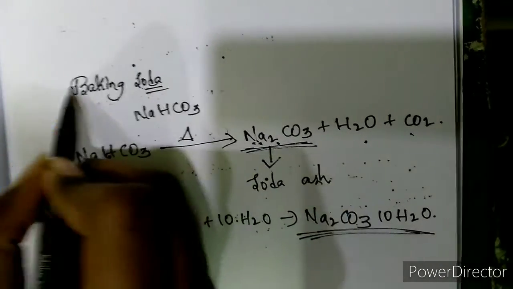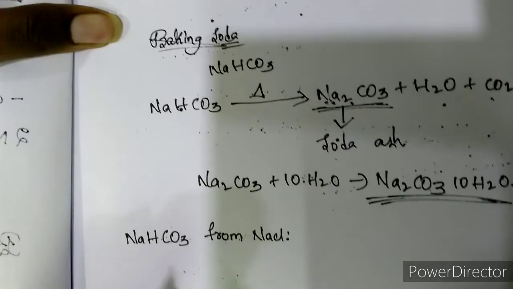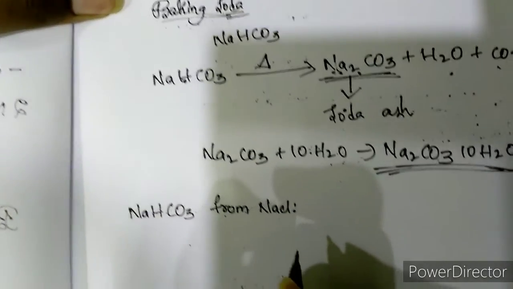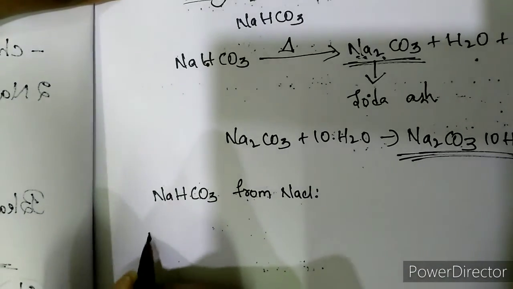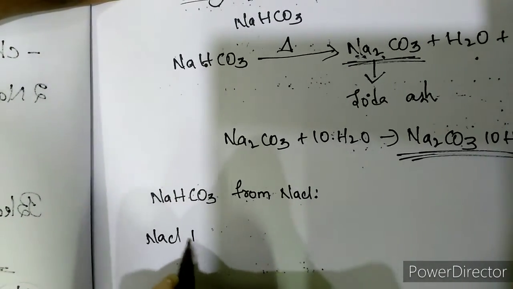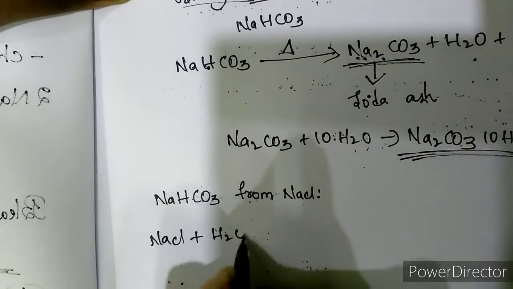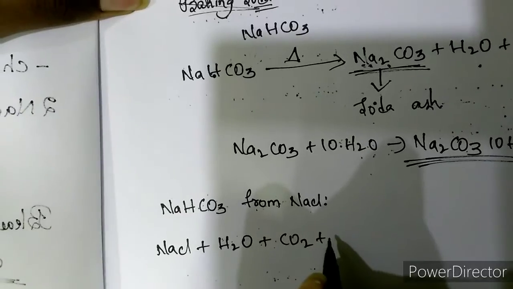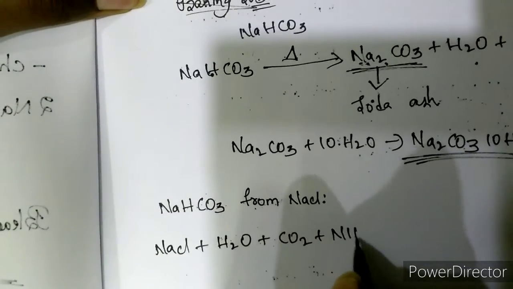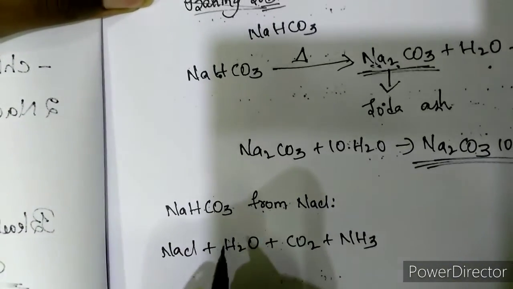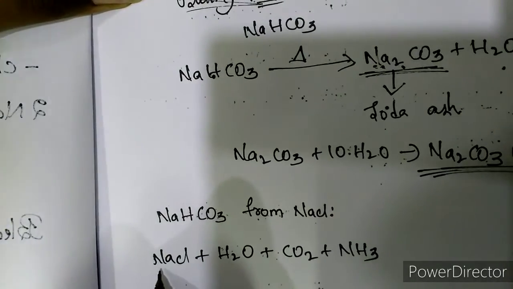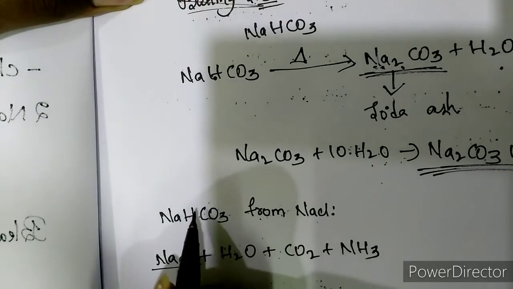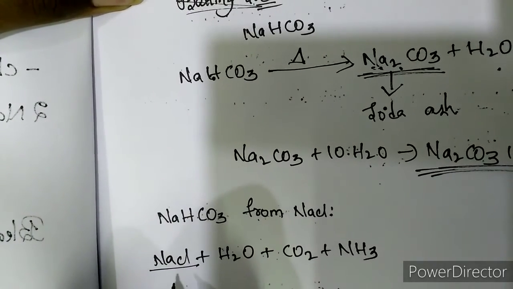Now we will discuss how baking soda, NaHCO3, is formed from NaCl, common salt. NaCl, common salt, plus water H2O, plus carbon dioxide CO2, plus ammonia NH3. Here common salt is also present, so we can say that NaHCO3 is formed from common salt.